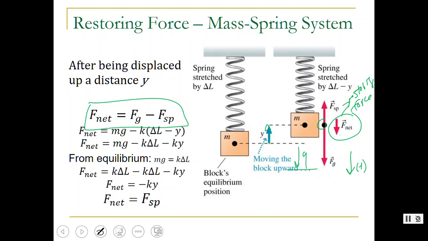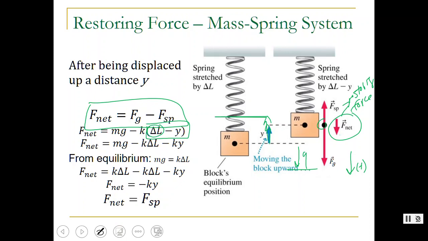Now, that net force is going to be the gravitational force minus the spring force. The spring force is based on the fact that we've now changed the amount of stretch. So now the amount of stretch is delta L minus y. That's the actual displacement. It was originally stretched at some delta L, and we're now lifting it above that stretch point, so that now our position is delta L minus y.